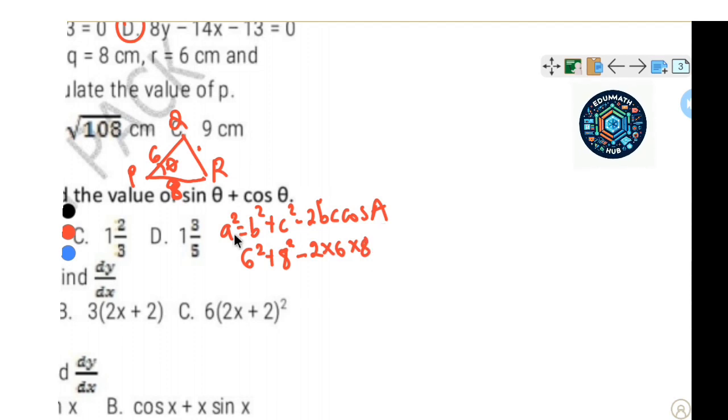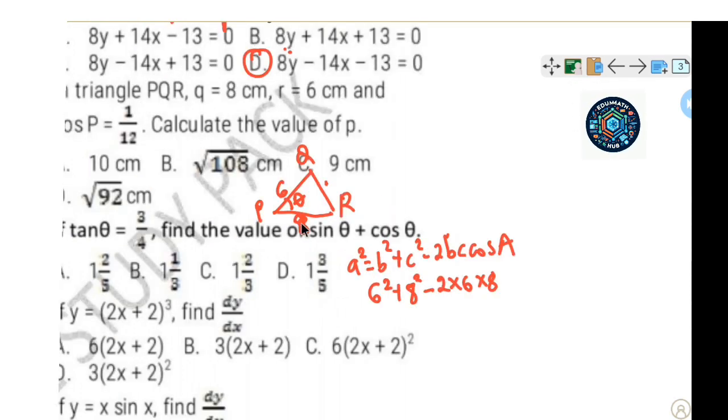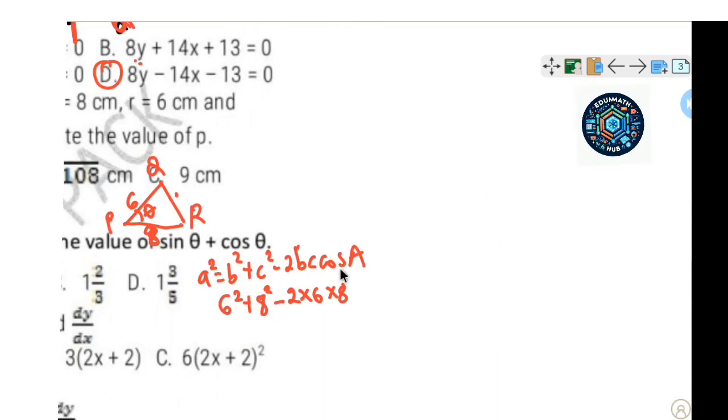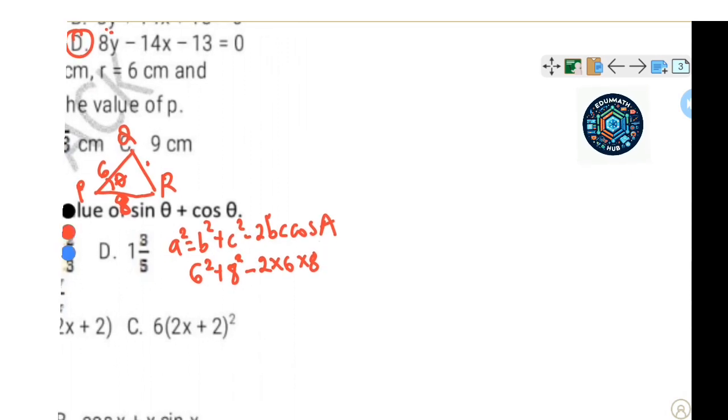You have been given the cos of the angle. If you check the question, the cos of the angle at P is 1/12, so that's what you write there. The actual value of the angle is not given, but the cosine is given. So that's times 1/12. Then from this part you can start cancelling the factors.